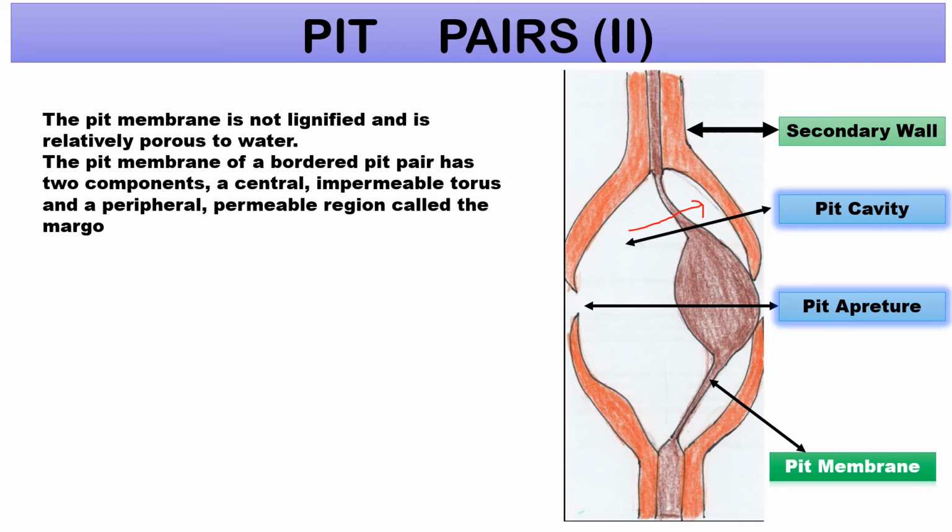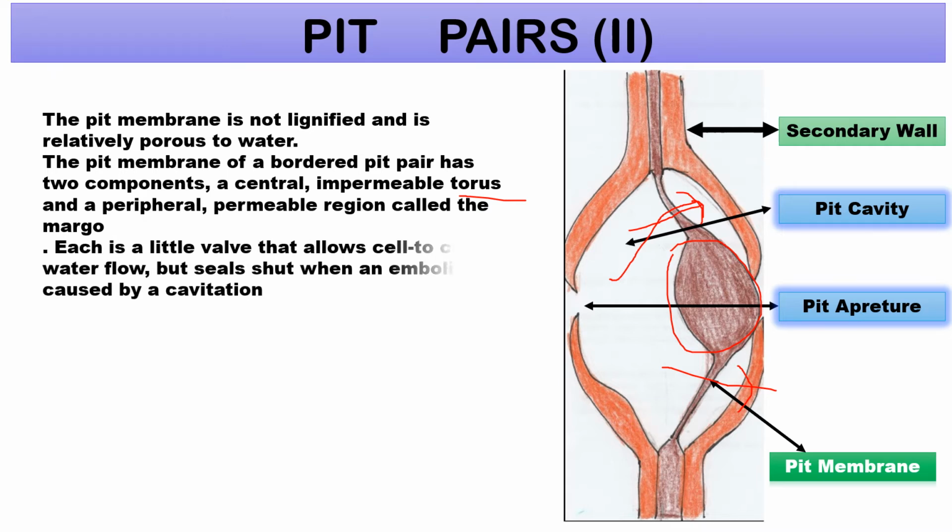The center area, which is not permeable to water, is called the torus, whereas the periphery area, which is permeable to water, is called the margo. So when water comes, it can pass from one pit to the other pit through the membrane. But when there is cavitation because of an air bubble, it closes the pit cavity.